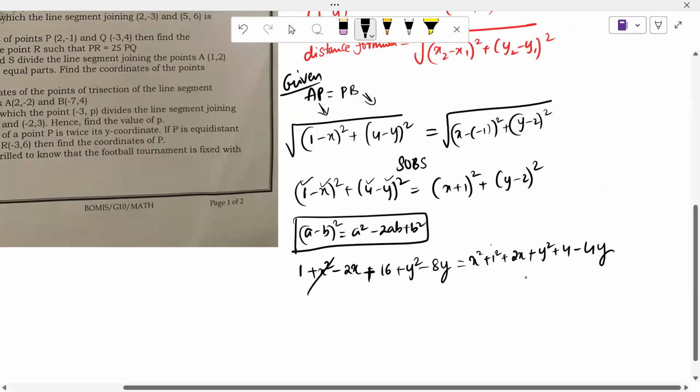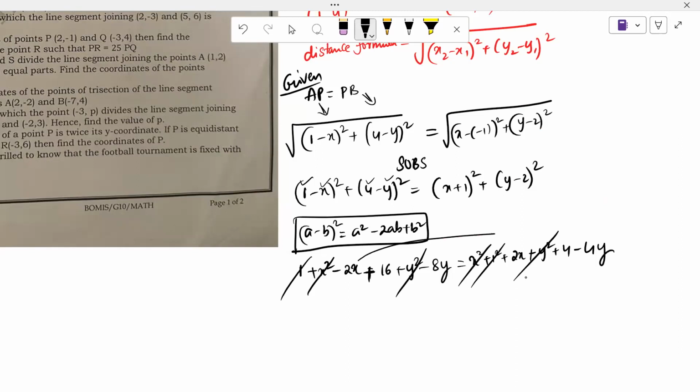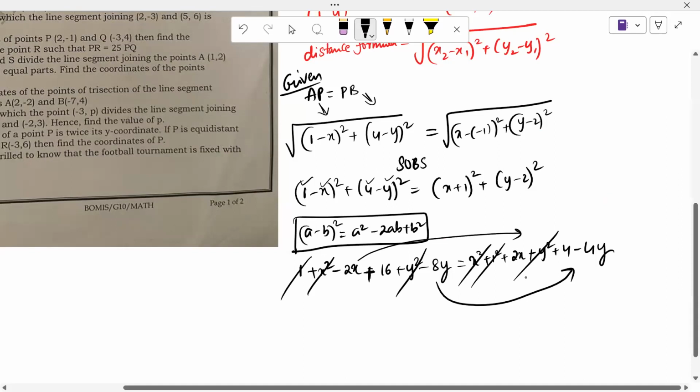So x square on both sides cancel, y square on both sides cancel. Next, 1 square both sides cancel. Then bring 2x to this side, then bring minus 8y to there, and bring 16 to this side.